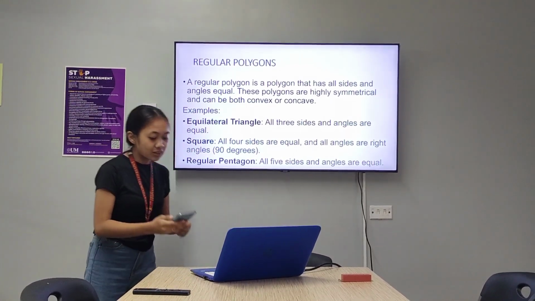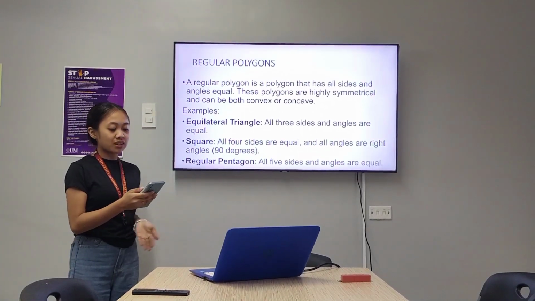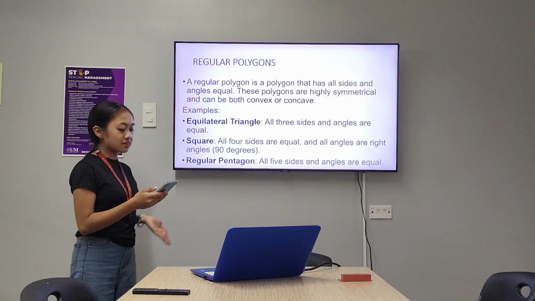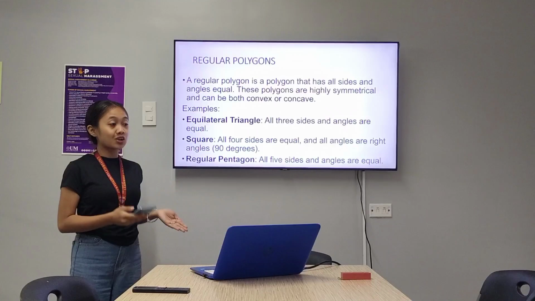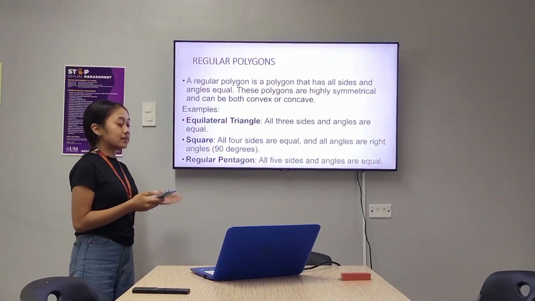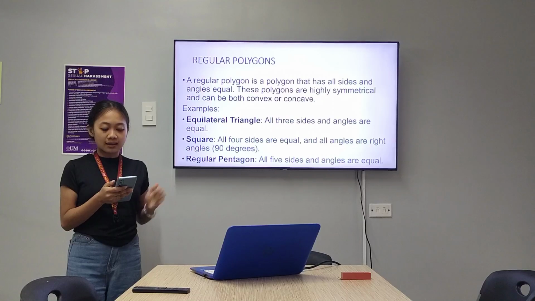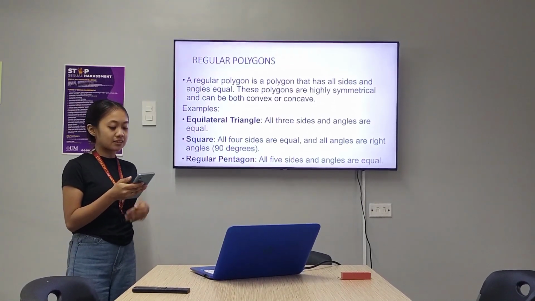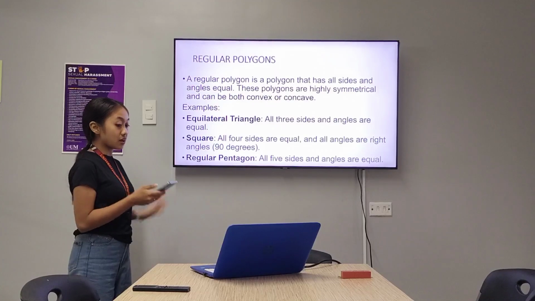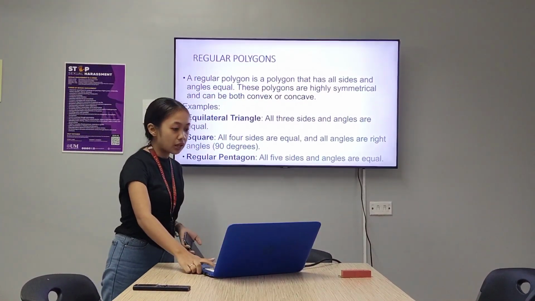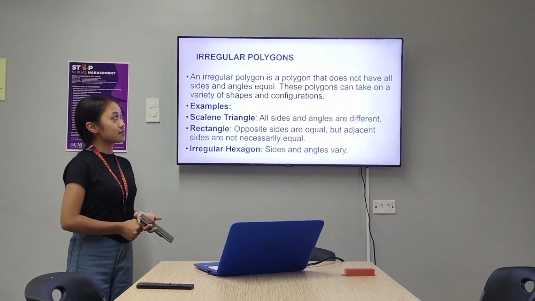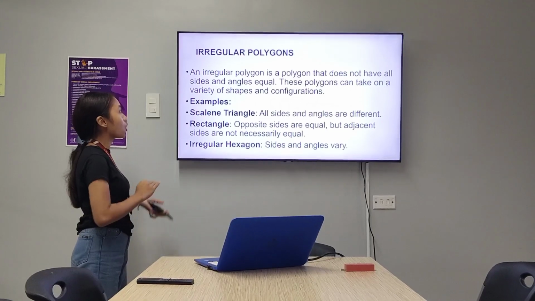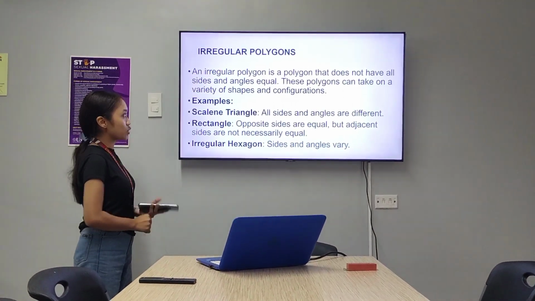So a regular polygon is a geometric figure where all sides are of equal length and all interior angles are equal, and it is symmetrical with equal angles and sides evenly distributed around a central point. Irregular polygons: an irregular polygon is a polygon that does not have all sides and angles equal.